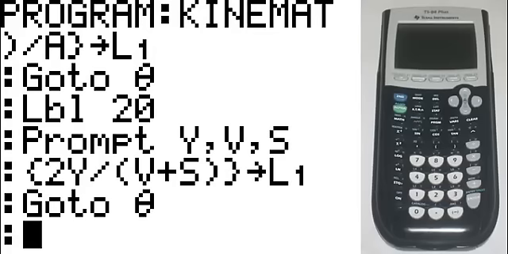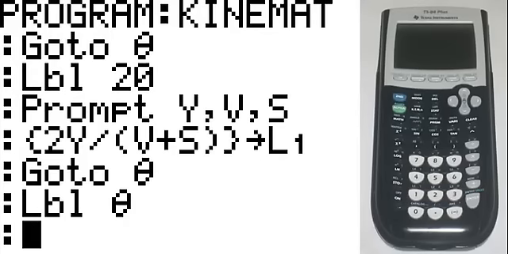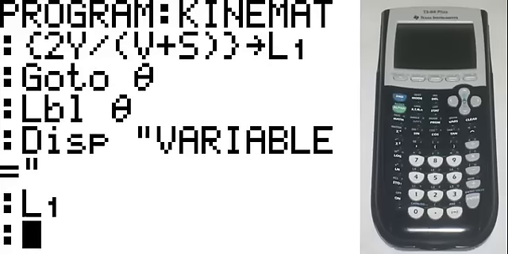Go to theta. Then new line, label theta. Display, in quotations, "variable equals", end parentheses, and then on the new line, simply put L1, and then enter.